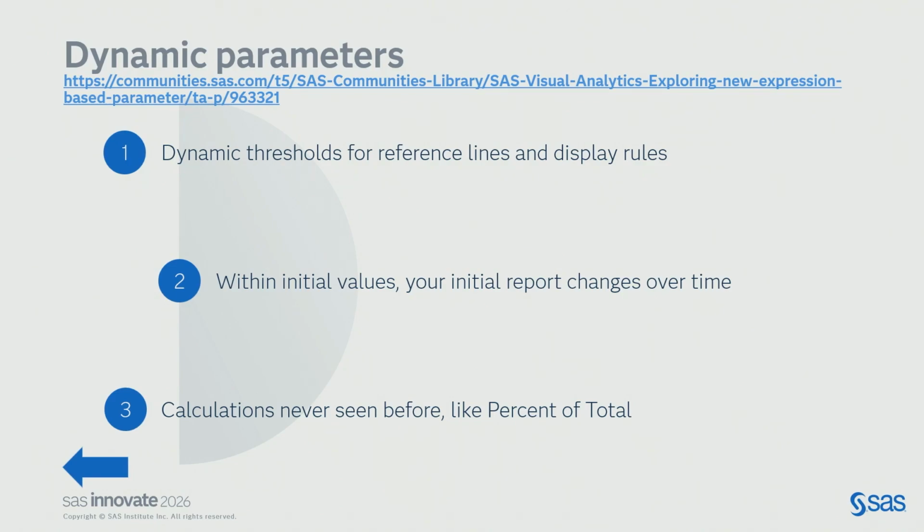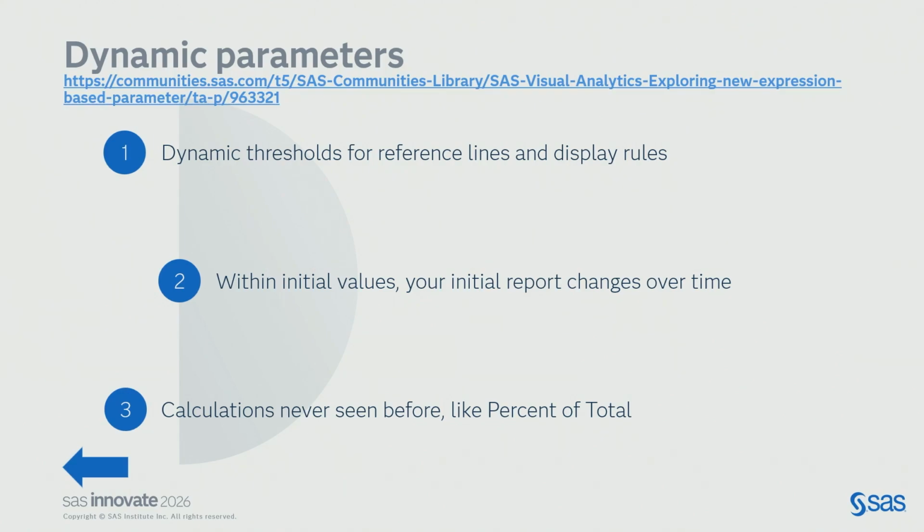You can have dynamic thresholds for your reference lines, which is brand new in the last couple of months, or you can have dynamic thresholds for other constructs in Visual Analytics, like display rules. Within the initial values, your report may change over time. You can now dynamically inform what those initial values are, so your report will always open up with today, for example.